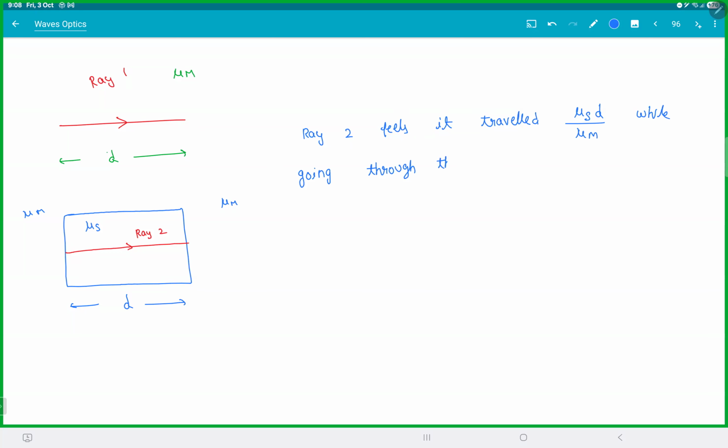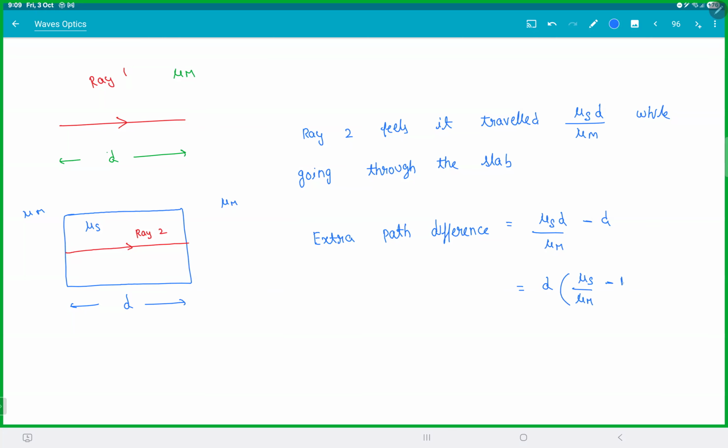If the slab had not been there, you would have traveled how much? You would have traveled d. So because of the slab, you got an extra path difference, which is mu s d by mu m minus d, which is the thickness of the slab into mu of the slab by mu of the medium minus 1.